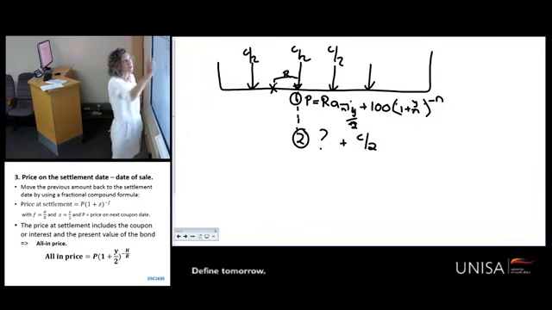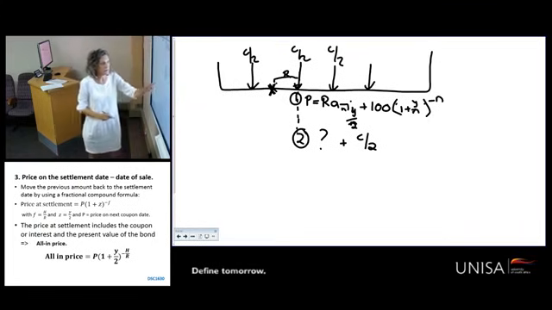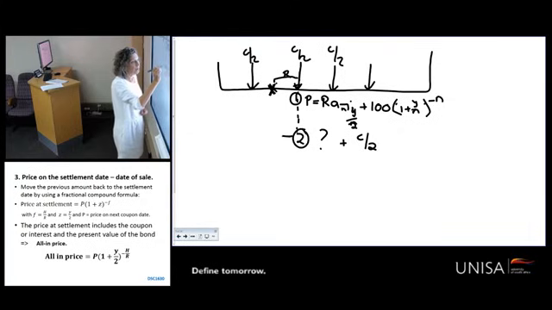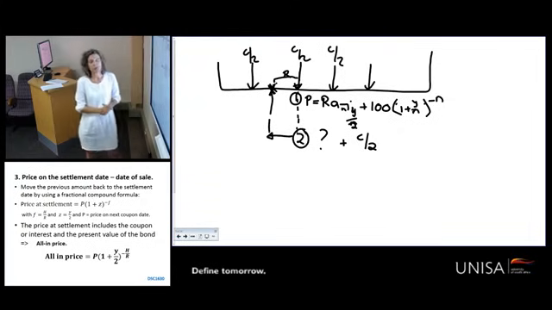So we've got the price here now, but where do we actually need it? Here, where that transaction takes place. And there's some time between these two dates, so we need to move this value still back in time to the settlement date so that we can calculate the exact price on that settlement date.